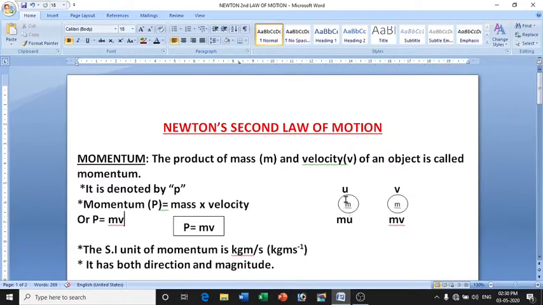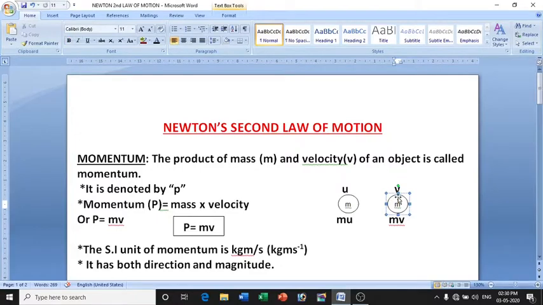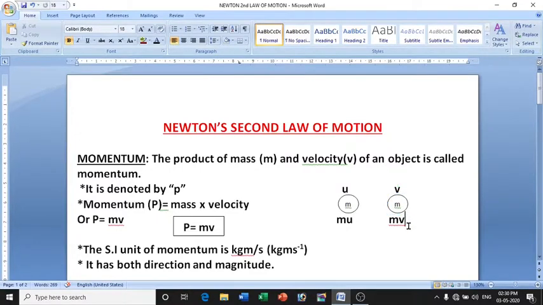So what is the momentum? The product of mass and velocity. So the initial momentum equals mass into initial velocity, that means mu. And here also, mass into final velocity, that means mv. So it is the final momentum.